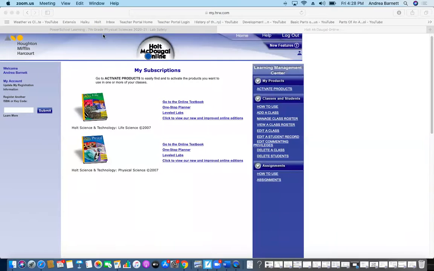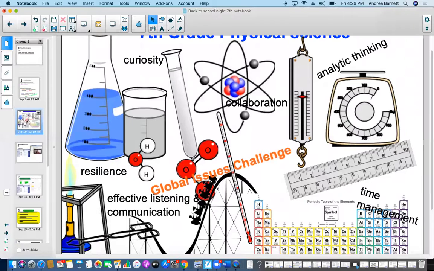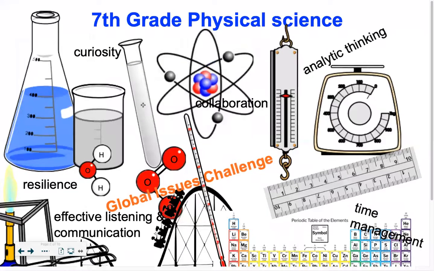So let me share with you some of the topics that we will do this year. This is a full year of seventh grade physical science. We start again with safety, as I mentioned. We will also be moving into the metric system, learning again. But this time it's a little different because we are learning with the properties of matter in mind.